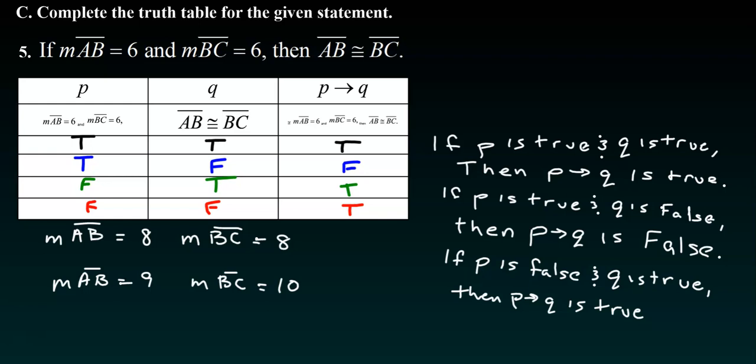So the last one that we did was if P is false and Q is false, then P implies Q is true.